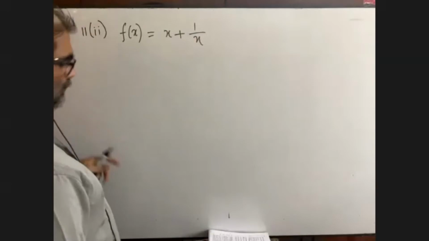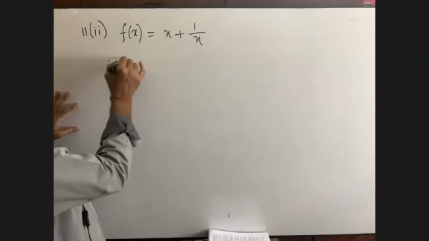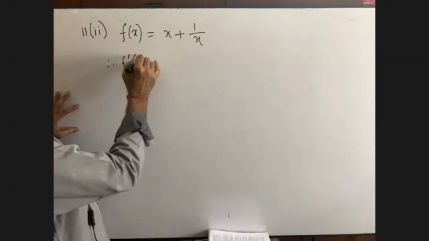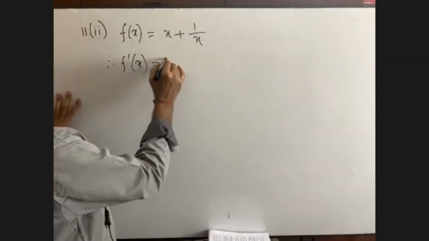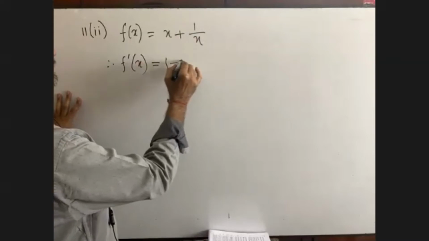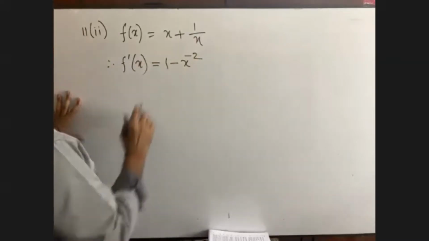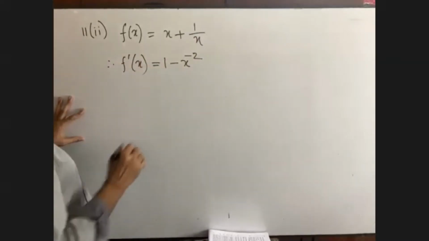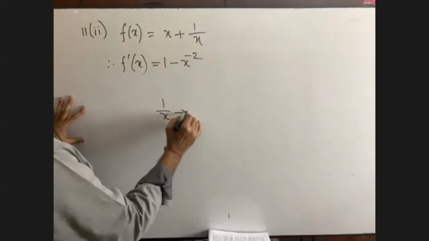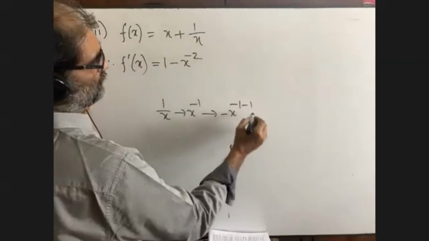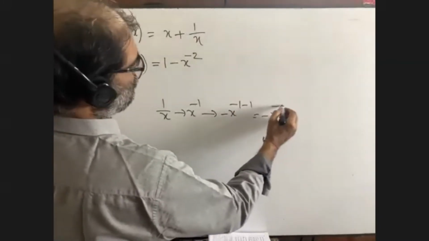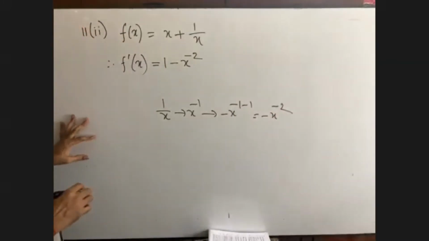Okay, now what will we do? Therefore, f prime x is equal to what? Let me know. 1. Then 1 by x means what? X to the power minus 1. That means minus x to the power minus 1 minus 1, that is minus x to the power minus 2. Right?